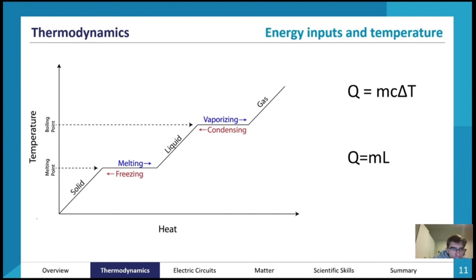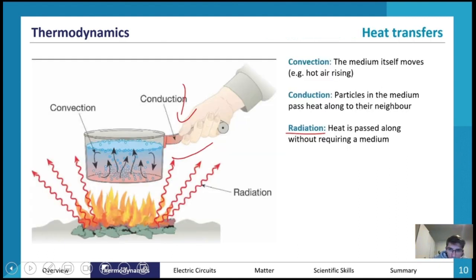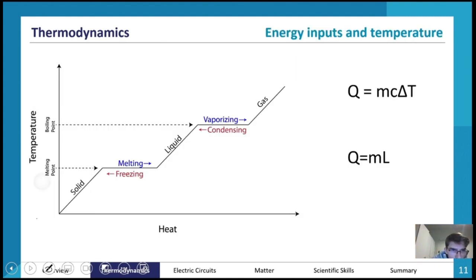So if the temperature is negative 10 degrees Celsius here at the bottom, and we increase it to 0 degrees Celsius, water will still be in the form of an ice cube.